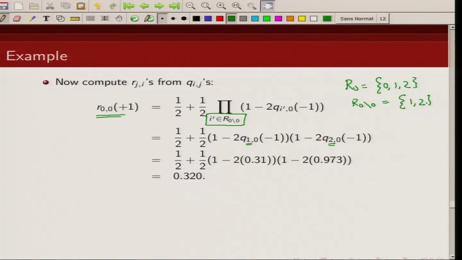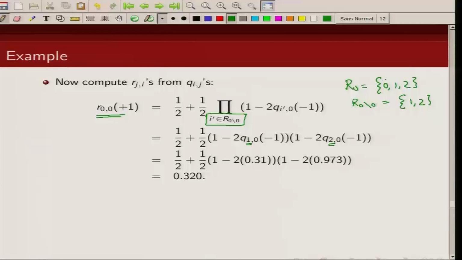So in this product you will have two terms, one corresponding to Q10, the other corresponding to Q20, because in that 0th parity check equation, other than the 0th bit, the bits that are participating are bit number 1 and bit number 2. So this is the probability that the parity check constraint is satisfied given Ci is 0.